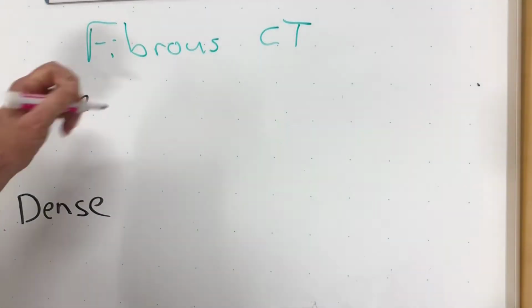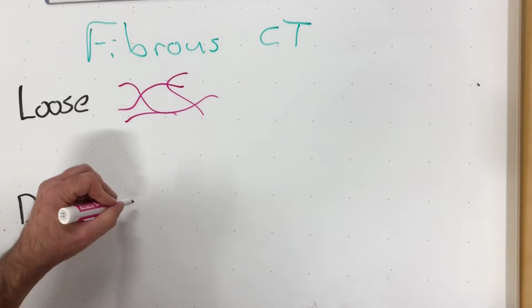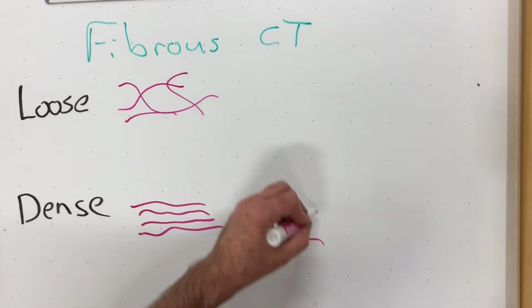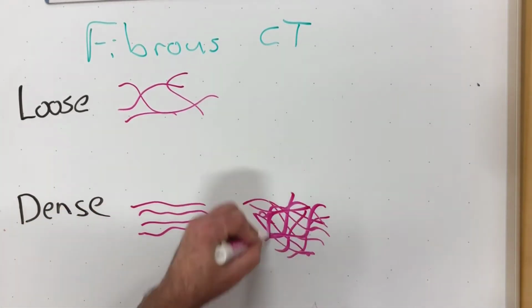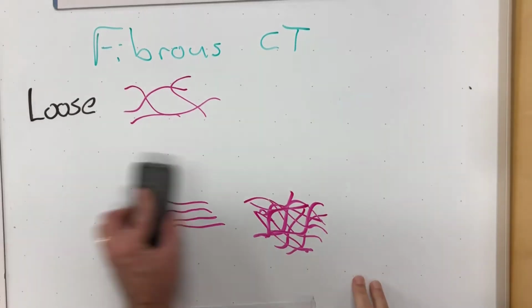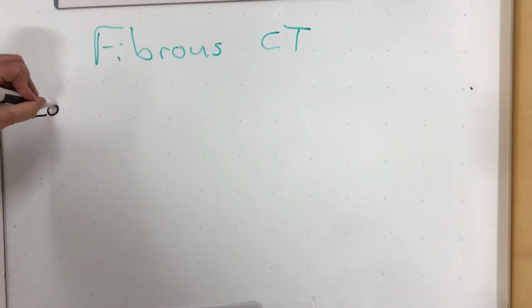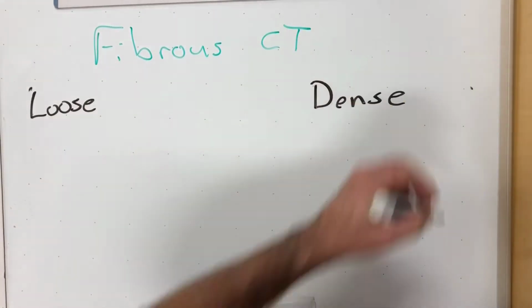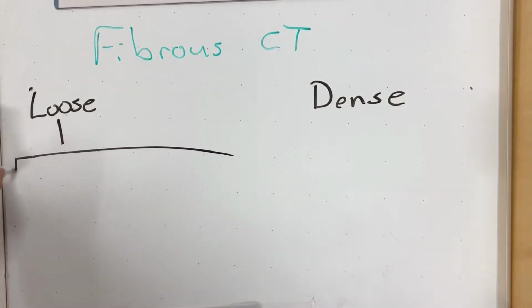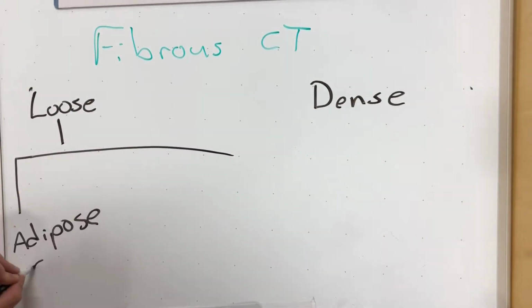If we define fibrous connective tissue by whether the fibers are loose or dense, we can see some differentiation. So loose fibrous, the fibers are spread far apart, and dense fibrous, they're packed close together. So if we arrange it loose on one side, we're going to have three types of loose fibrous connective tissues.